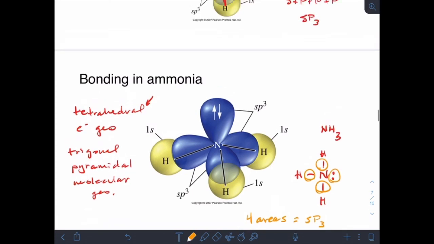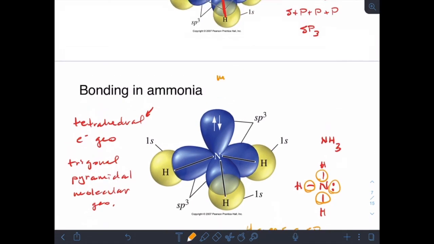Let's make a note of that. The electron geometry determines hybridization, so you count the areas just like you would when determining electron geometry.